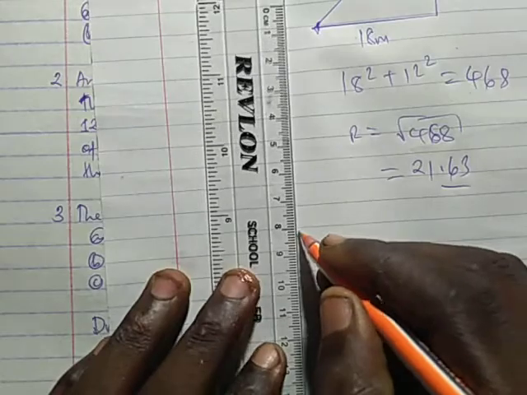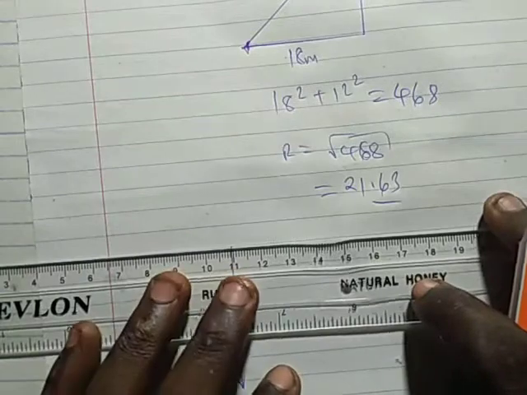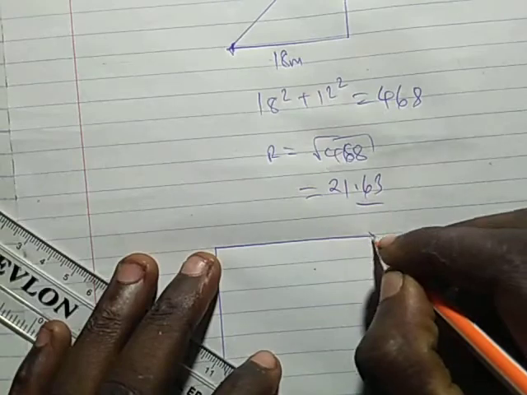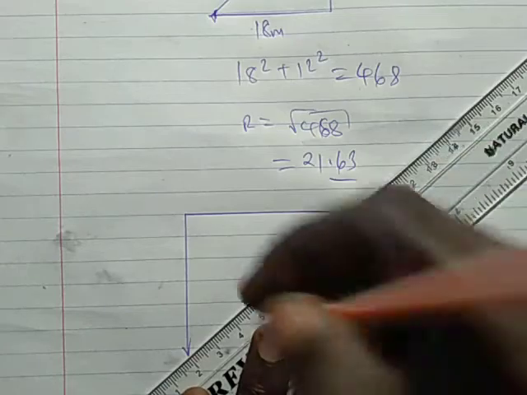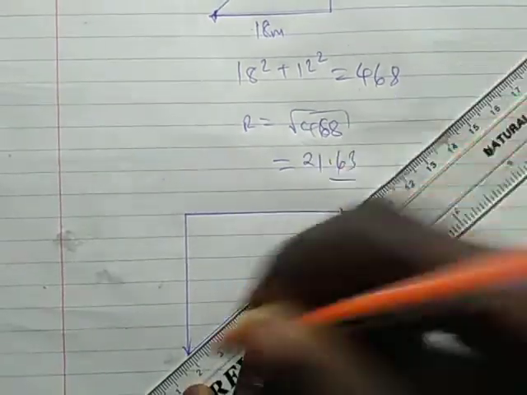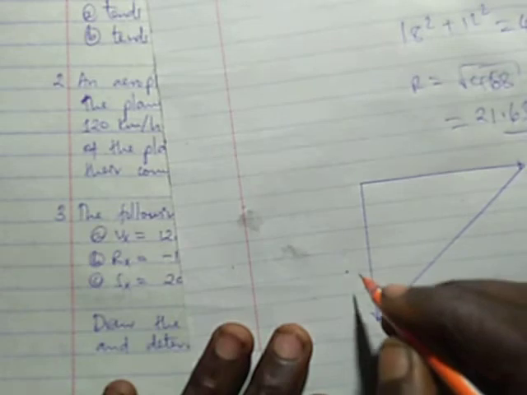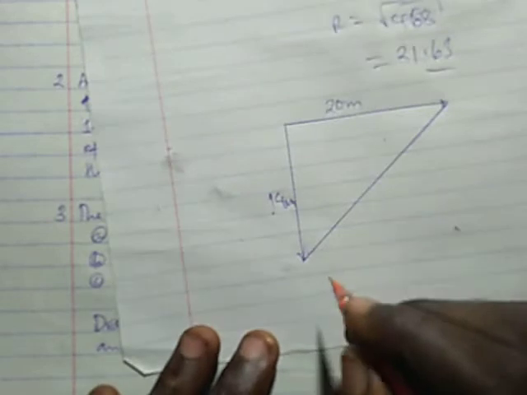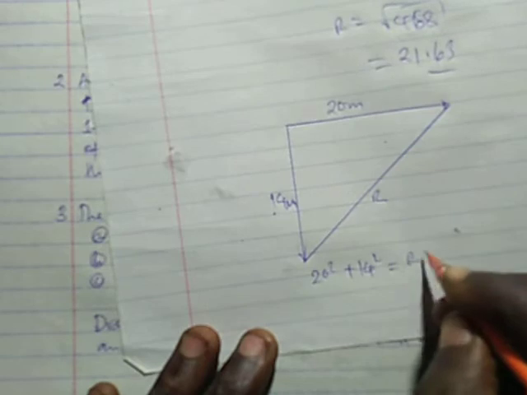Lakini kwa hili swali la mwisho ambalo bado ni ile ile tu, Sy ndio negative. So tutakuwa tuna Sy negative inashuka chini. Ndio maana amekwambia kudraw nalo pia ni swali hapo. Sy negative, Sx ni positive. So finally we'll end up with line hapo, ambayo tukiangalia itakuwa na Sx 20 meter and Sy ni 14 meter. So itakuwa 20 square plus 14 square kama ni r itakuwa sawa na r square.